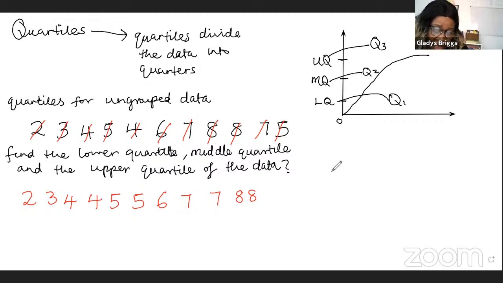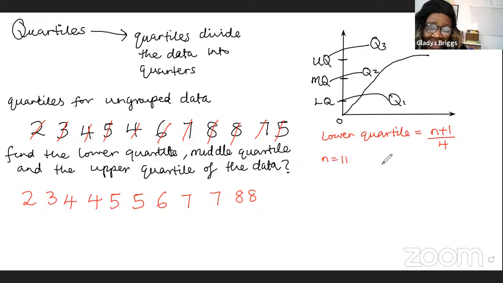Now to find the lower quartile, it is equal to n plus 1 over 4. And n is equal to 1, 2, 3, 4, 5, 6, 7, 8, 9, 10, 11. So n is equal to 11.